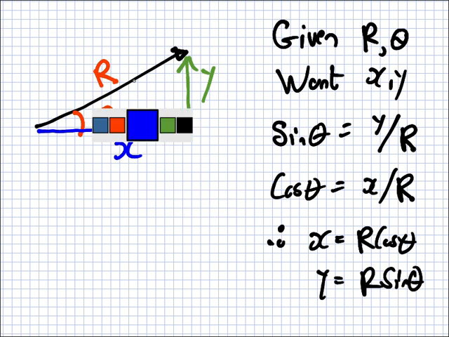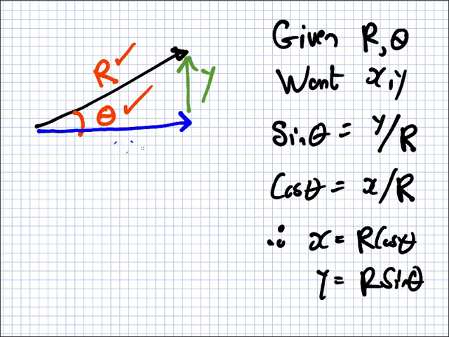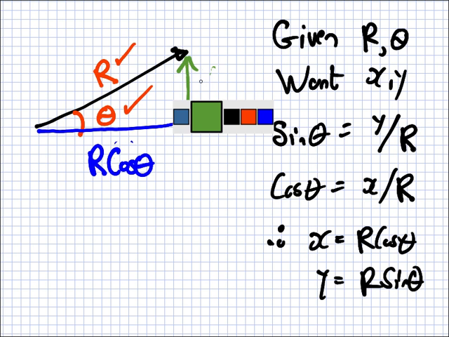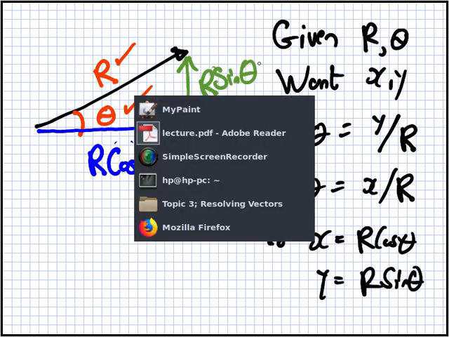So if you know r and theta, you can quickly get the two sides. This side here would be r cos theta, and this side here would be r sine theta.